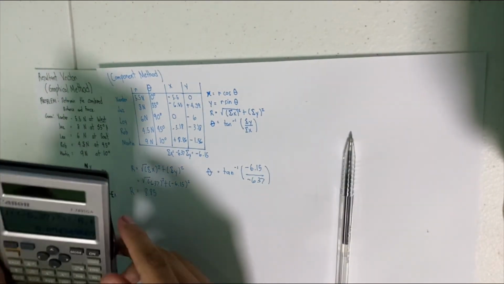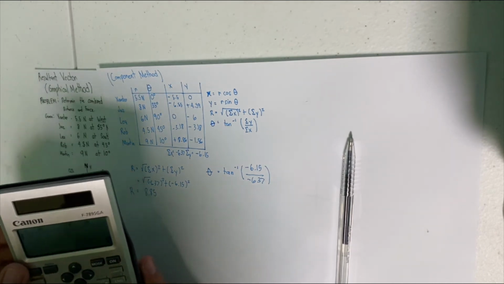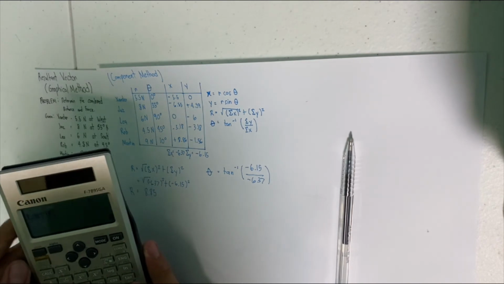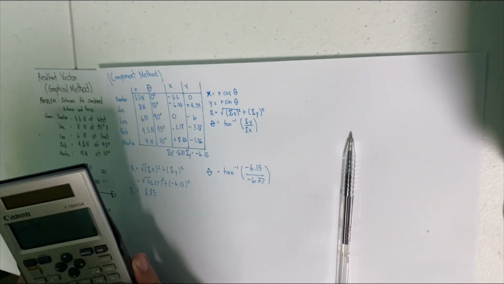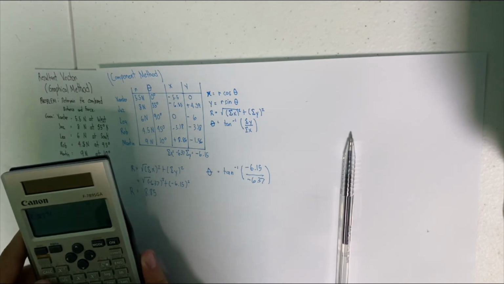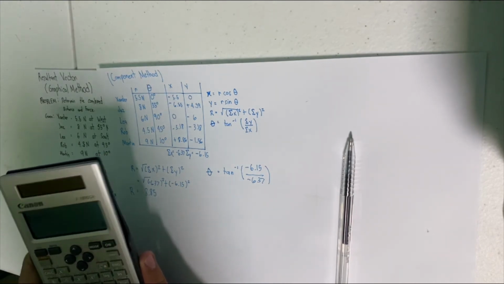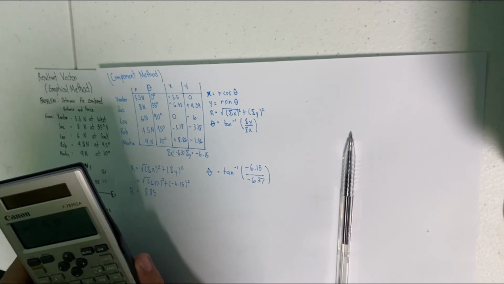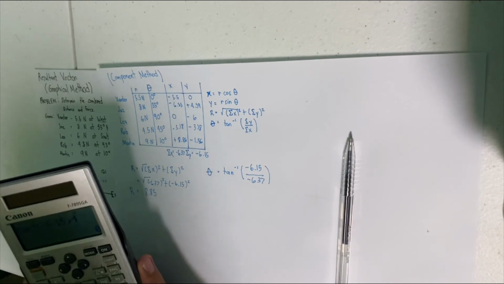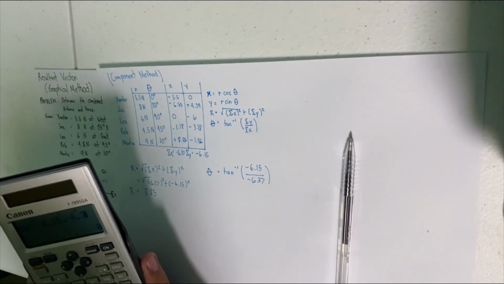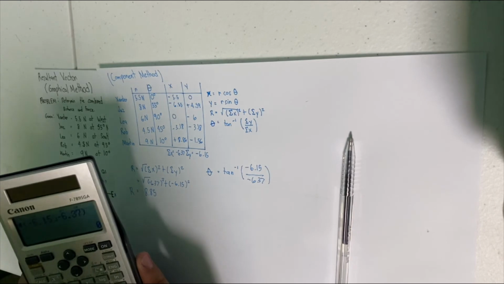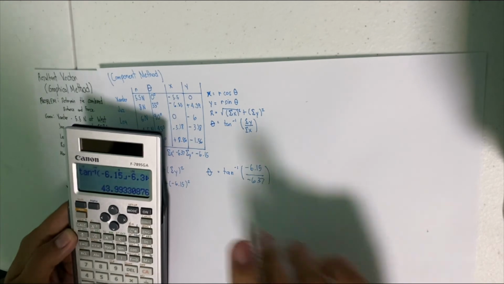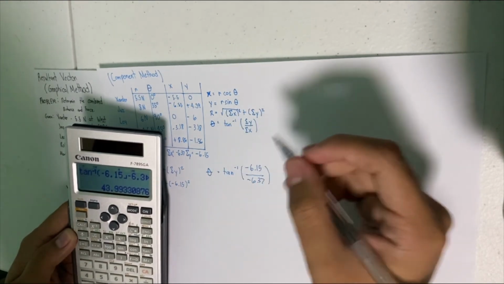So type it in the calculator. You need to click shift and tan to get the inverse. So type the over: negative 6.15 over negative 6.37. It's equivalent to 43 degrees 0.99.